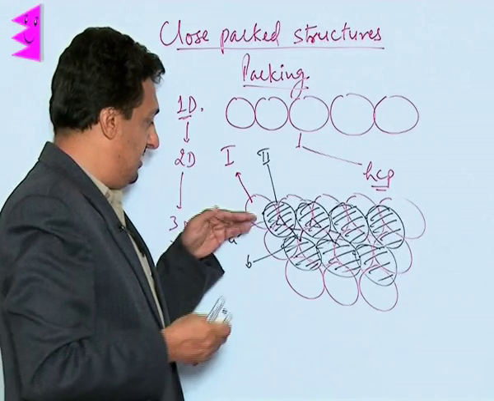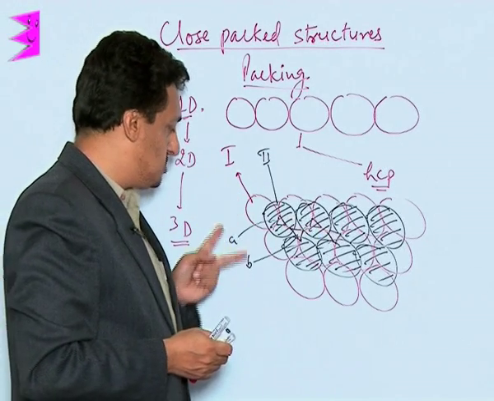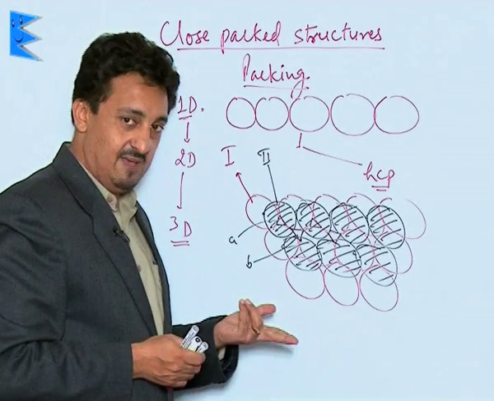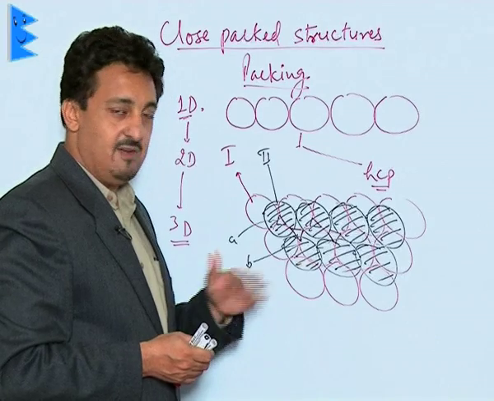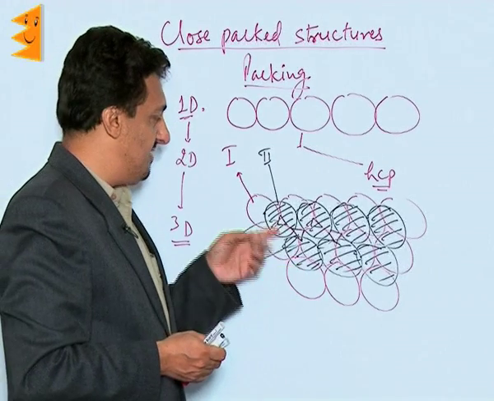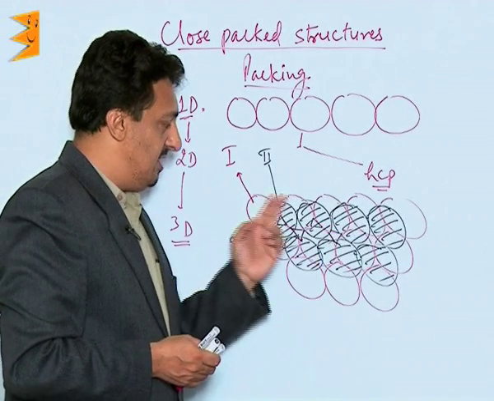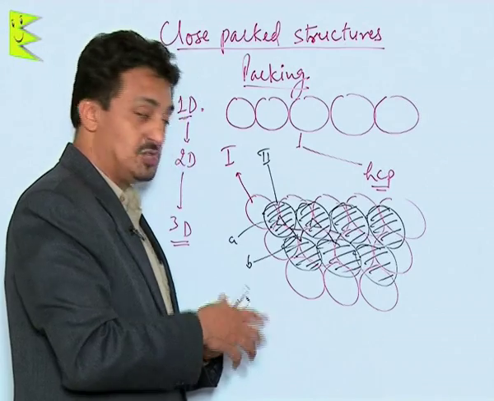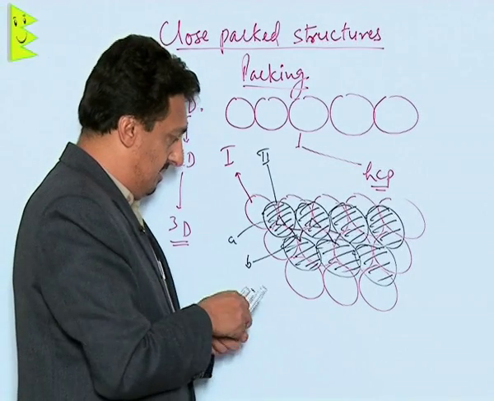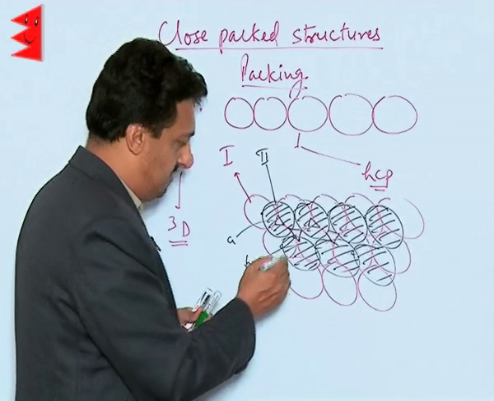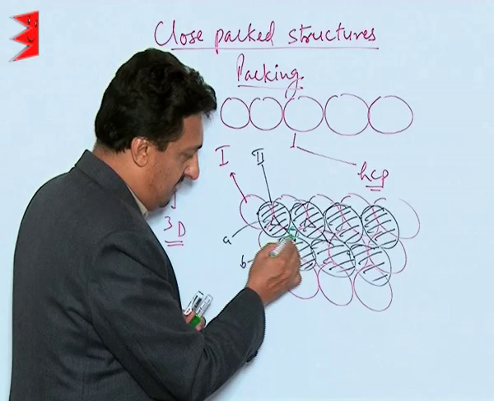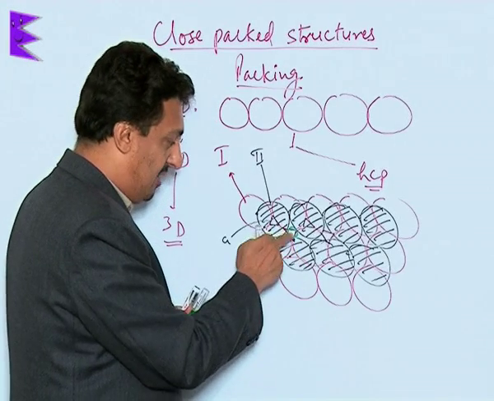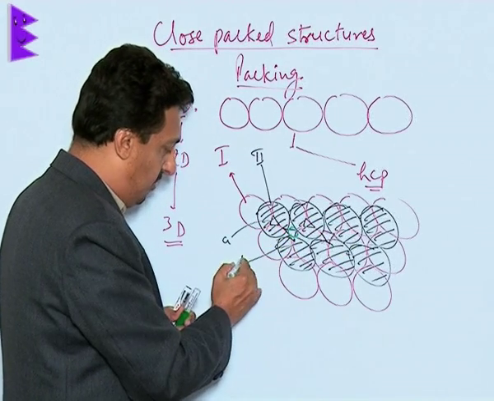So at the stage of the first layer, we had two types of voids, A and B, but both were of the same type, so any one of those could be covered. Whereas on the second layer, there are two types of voids available. Let me draw them with the green color marker. These are the ones which were left out while putting up the second layer, called B voids.